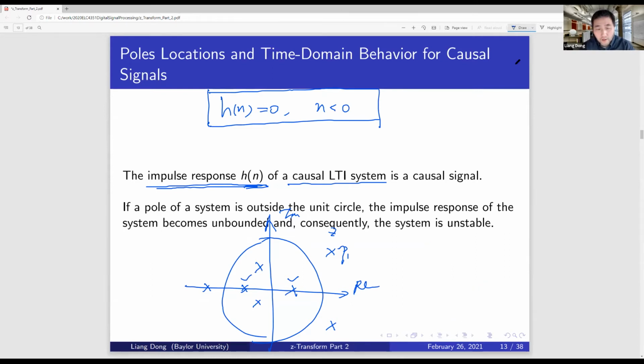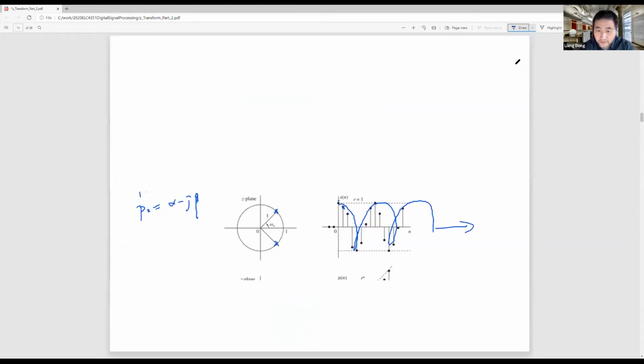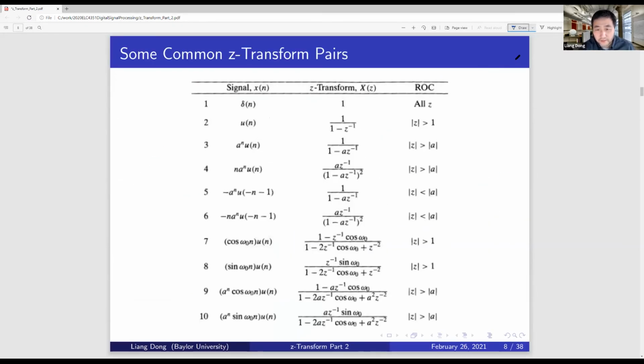What is the region of convergence of a causal system? Let's check back. Actually, it's here. So this step function is causal. This is a causal signal because I have u[n], right? Now this is anti-causal.